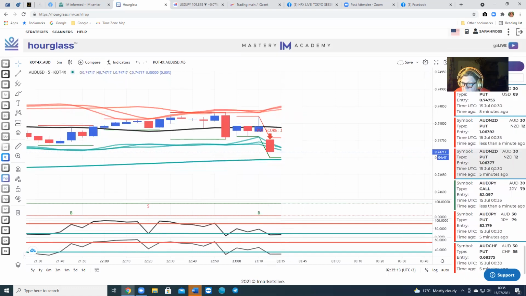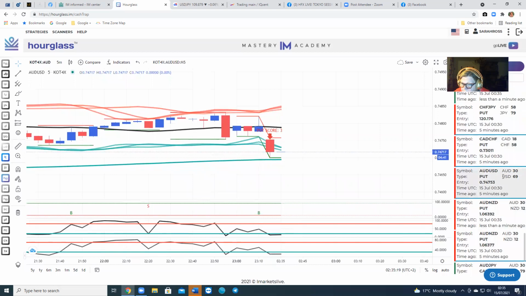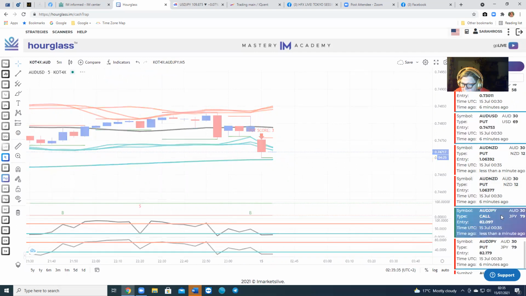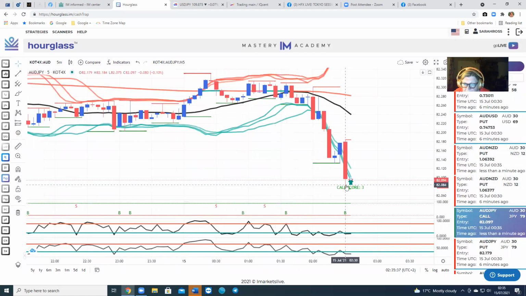But we are then trading, it hasn't given us an update. Still says 5 minutes ago. Same with all JPY.